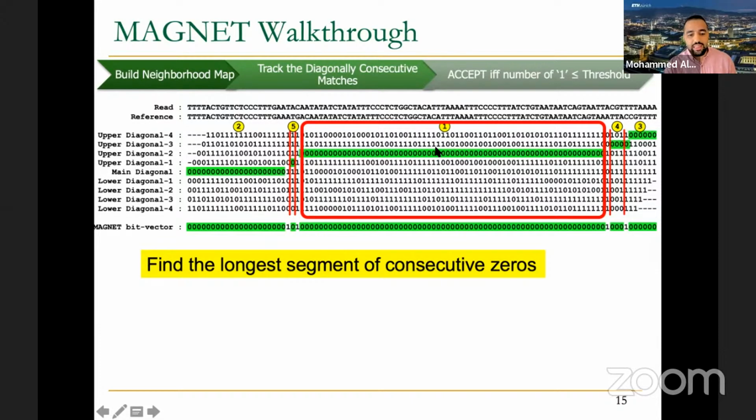Once we find that this is the largest number of zeros, we move the entire segment to the final results, or what we call the Magnet bit vector, as you can see here. So first we get this segment, highlighted, in the results. The rest is still not calculated. We don't have these yet.